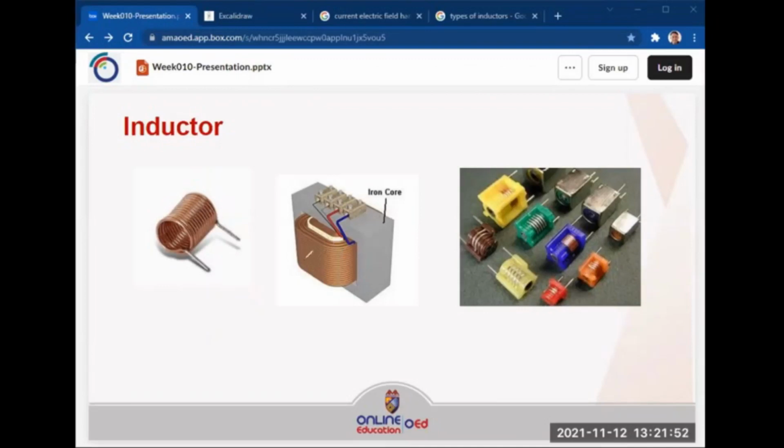Usually 220 volts from our household power source will be converted to 12 volts. Those are the types of transformers for appliances.